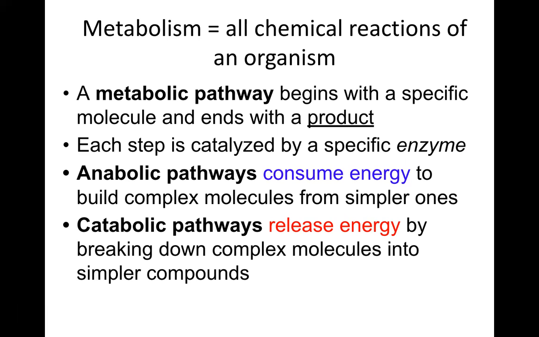They consume energy because they are required to build complex molecules from simpler ones. So catabolic pathways release energy and are the breakdown of complex molecules. Anabolic pathways consume energy because they build complex molecules from simpler ones. Okay, you need to know these two terms, anabolic pathways and catabolic pathways.